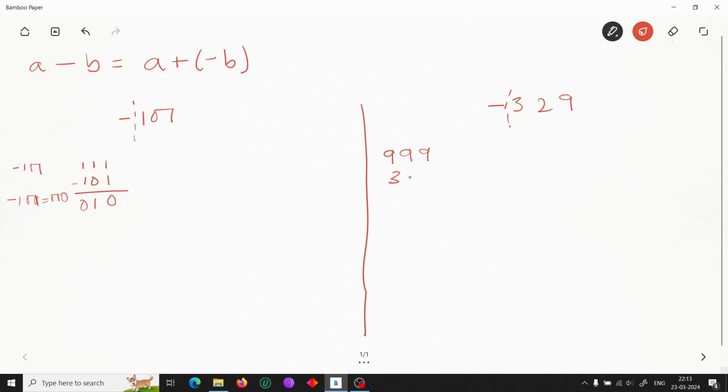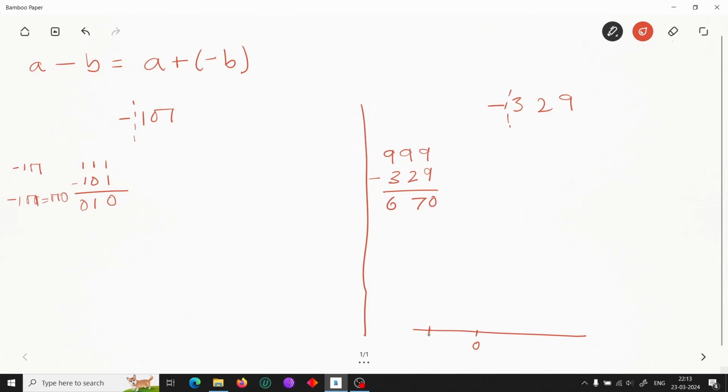So from 999 you subtract 329, and that will give you 0, 7 and a 6 basically.